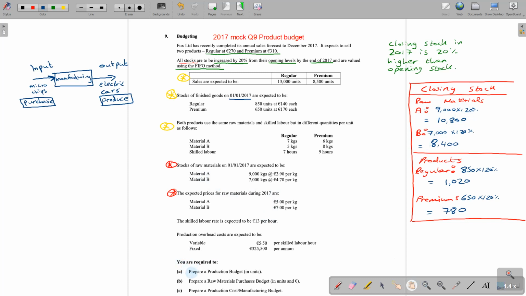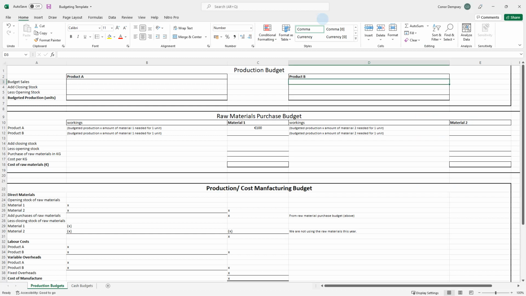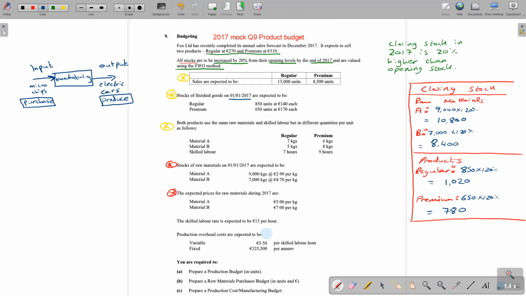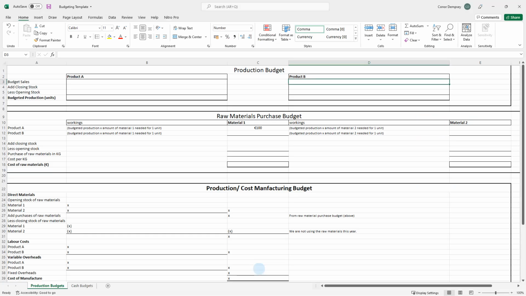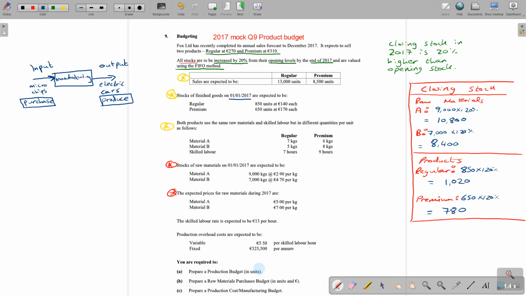Now what we're asked is we need to prepare a production budget. The Excel file that I was talking about with all the different templates we need is right here. So the production budget is what we're creating, and remember, it's in units we're dealing with. We need to put our budgeted sales, expected sales.